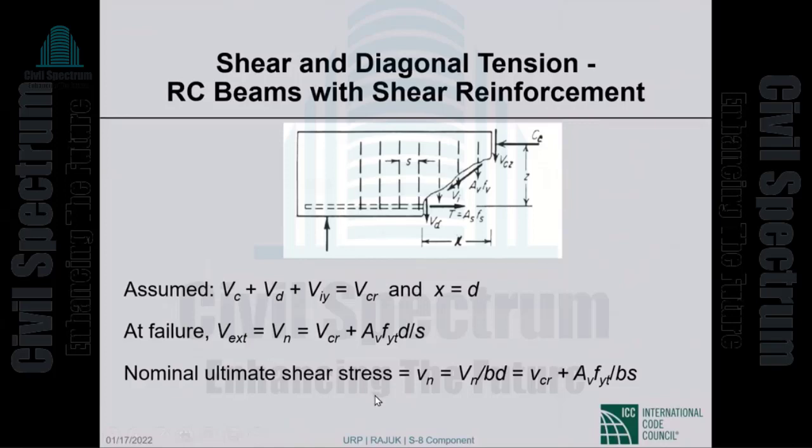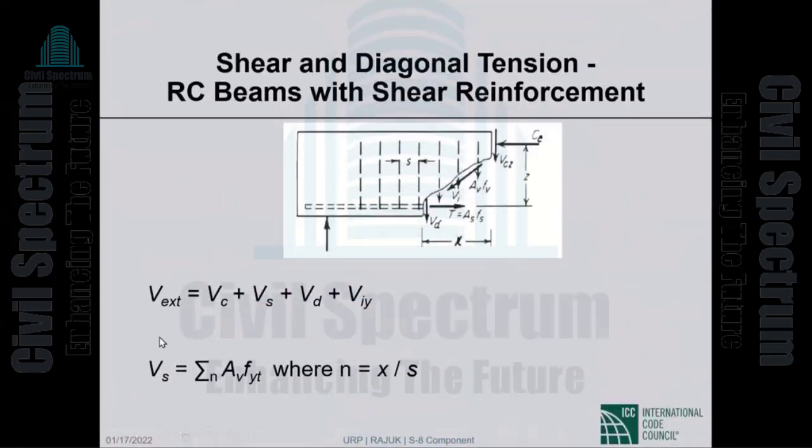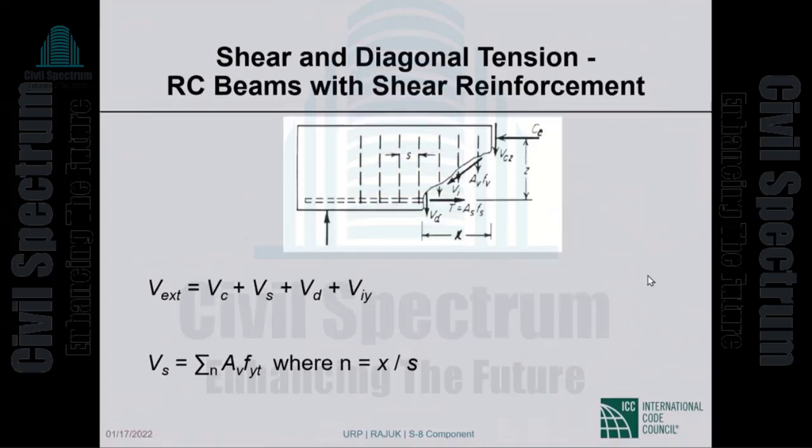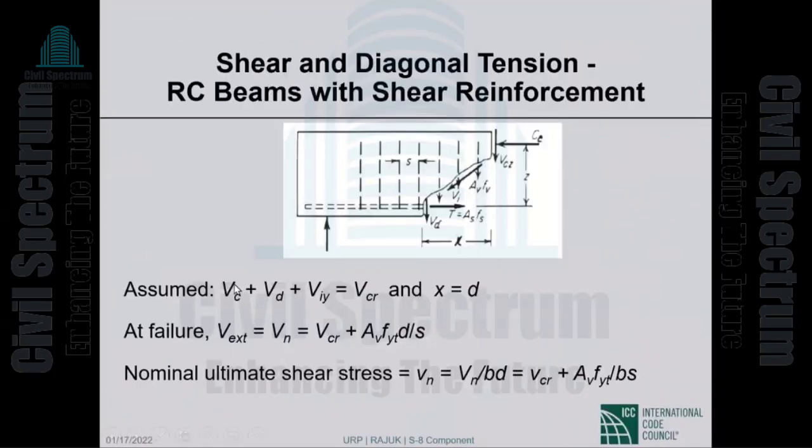So here V sub C plus V sub S plus V sub D plus V sub IY is the external shear. V sub C we have left alone, V sub D we have left alone, V sub IY. The three components together, the three components of shear resistance, the only thing we left out are the stirrups.